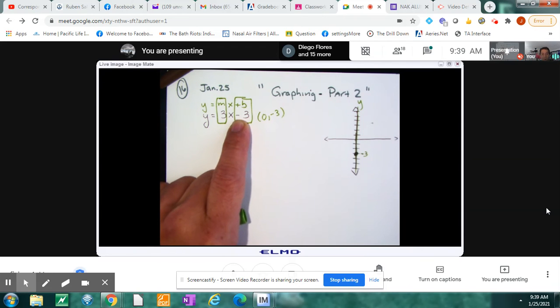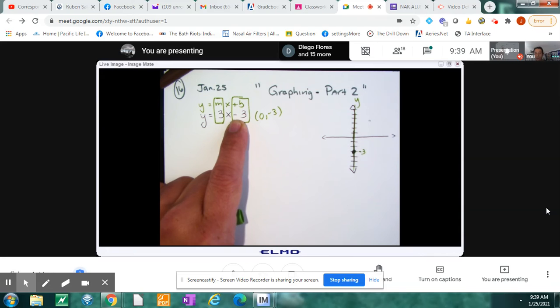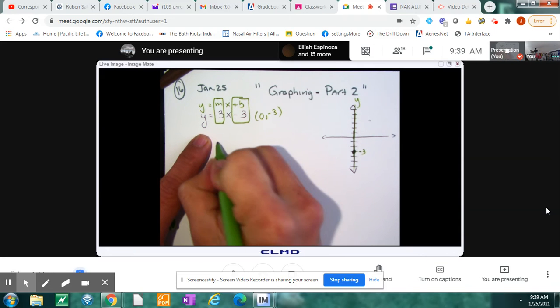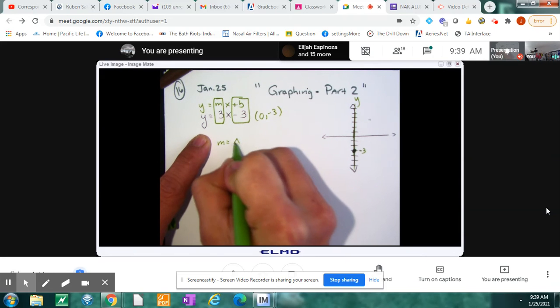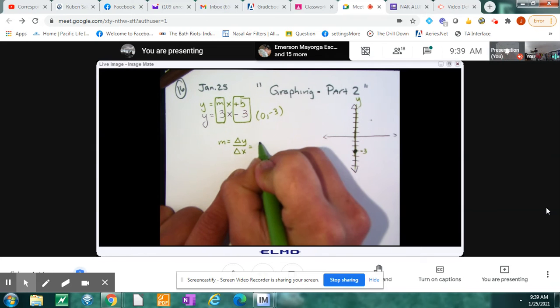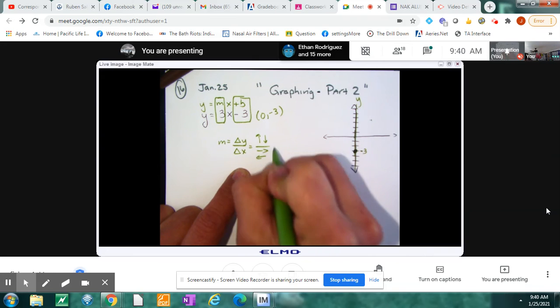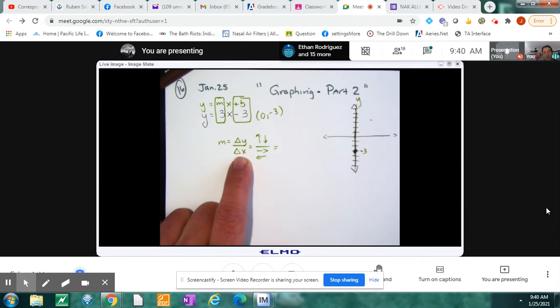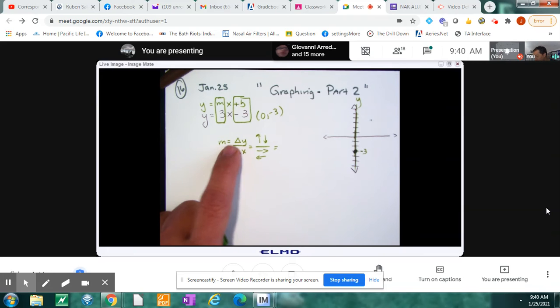All right? Cool? So now your m, okay, is, again, the change in y over the change of x. Again, you guys learned rise over run, which is fine. But make sure you put that because what does it mean, rise over run? Oh, it means the change in y.